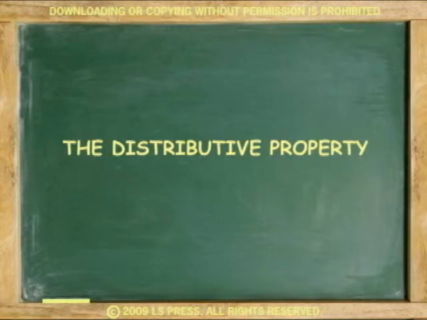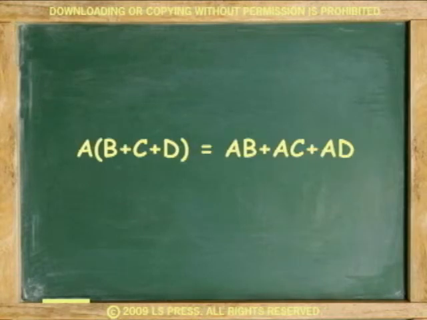Now to the distributive property. This example tells you that you can add first and then multiply, or you can multiply first and then add. It doesn't matter. The answer would always be the same, because the number outside the parentheses is distributed over all the numbers inside the parentheses. We call this the distributive property.